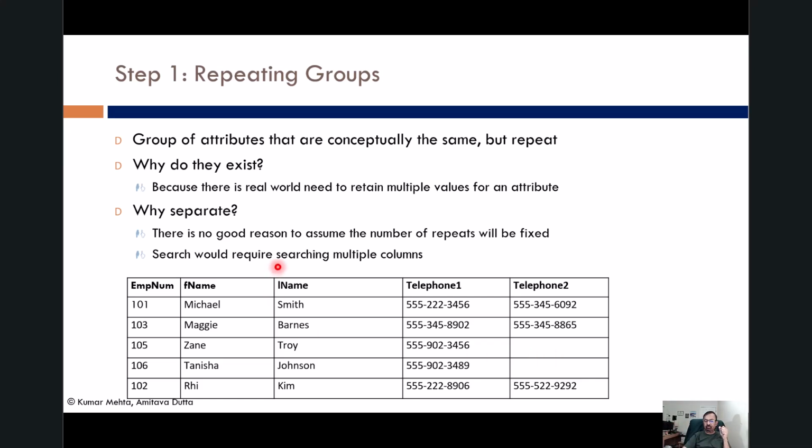Also, searching for values becomes difficult if you store the repeating groups in multiple columns like this, because you'd have to go through all the different columns. If I'm searching for a particular phone number, I can't limit my attention to just one column. Since there could be multiple columns, I have to do my search across multiple columns. It just complicates the search process. So repeating groups are a bit of a nuisance when it comes to tables and relations, and we need to be able to address them, to take care of them.